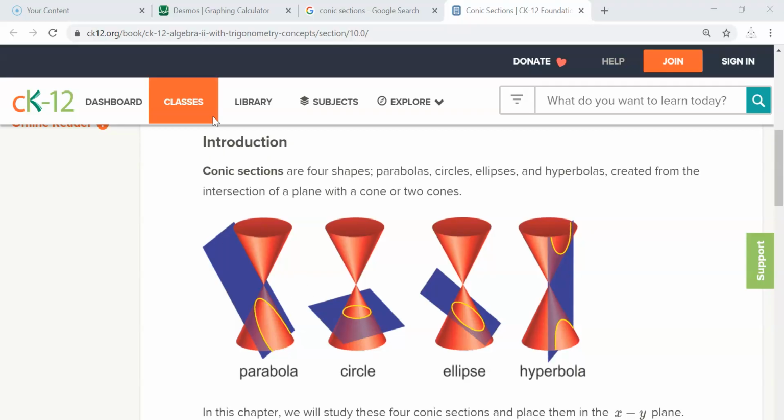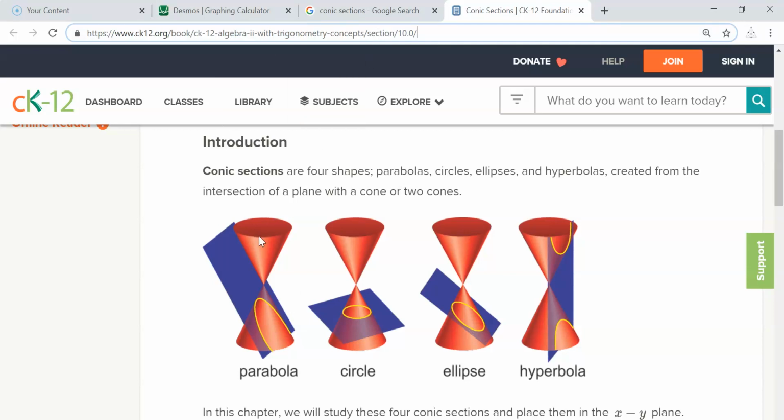Right, so what I've done is I've gone to this website here for reference, and it shows me a bunch of different conic sections. So again, I said it's the intersection of a plane and a cone. You can see the cone here in red. Notice that I'm saying a mathematical cone, so both sides are included in that. And then the plane here is in blue.